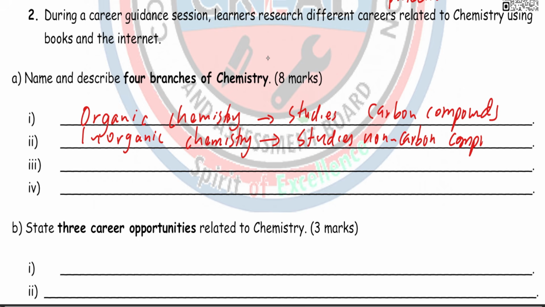Anything that doesn't deal with carbon, let's take an example, oxygen, nitrogen, is under inorganic chemistry. So for potassium, sodium, chemical families, all of them are in inorganic chemistry.